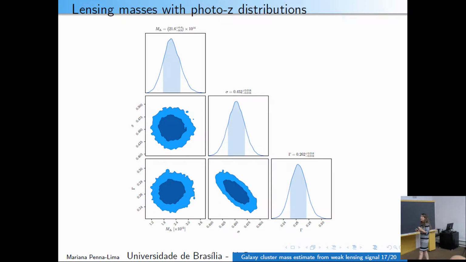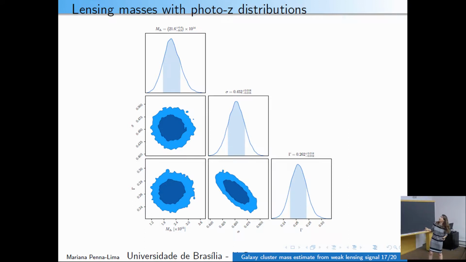And now we are applying it to the Weighing the Giants catalog, and we have to recover the shear calibration, specifically which one we have to use, because they performed different analyses. So we are now trying to recover the Weighing the Giants results.